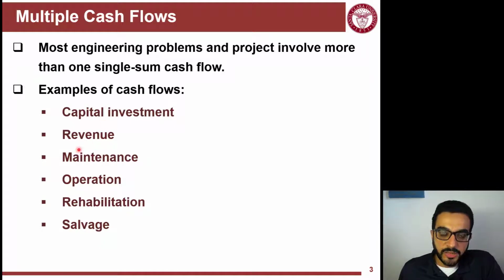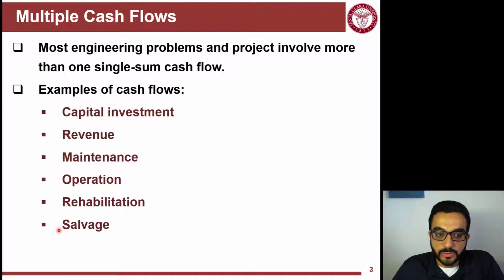In the beginning, you will have capital improvement costs, and then over the life of the project, you will have revenue, maintenance, and operation. At some point during the project, you need to rehabilitate the asset, or rehabilitate the road or the equipment or machine. And at the end of the project, there will be salvage, meaning the project or the equipment reaches the end of its economic life, and at that point you will have to either buy another equipment or rebuild the project.